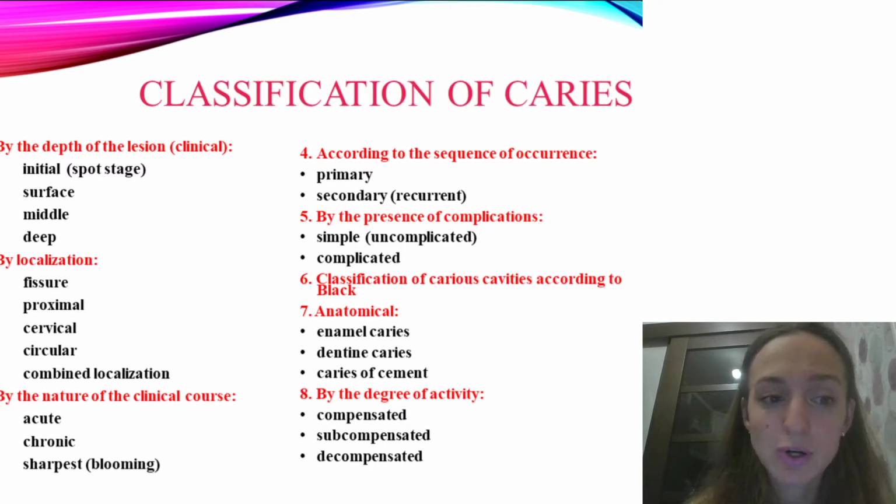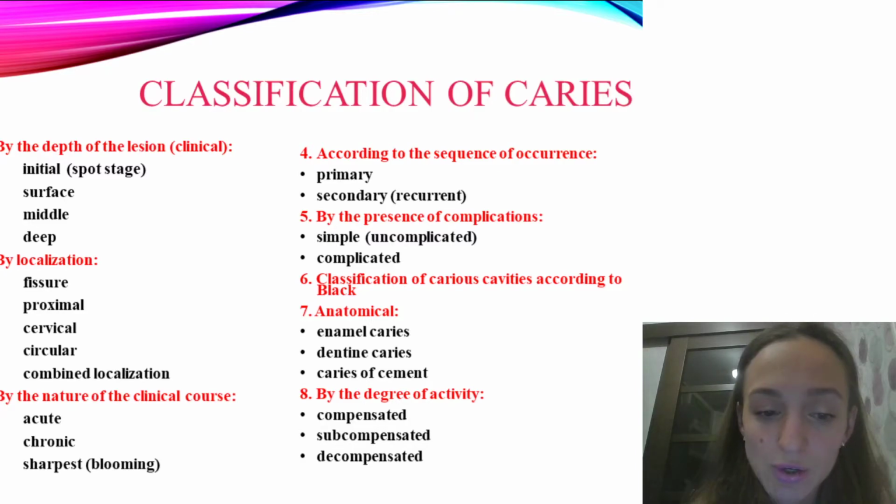For example, first, it is by the depth of the lesion. It is a clinical classification: initial or spot stage, surface, middle, and deep decay. Then, by localization: fissure caries, proximal, cervical, circular, and combined localization.